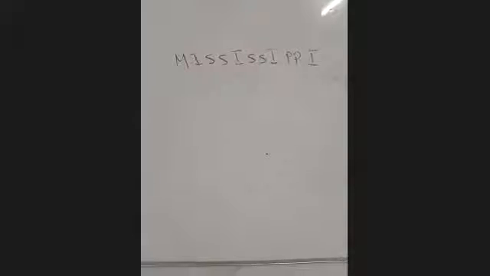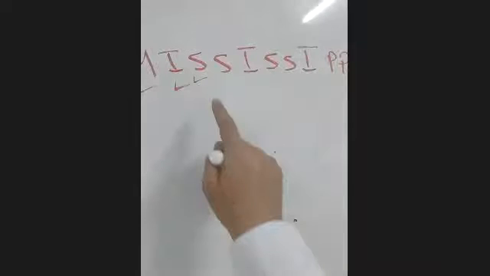So these letters are on cards inside the bag. We want to select one card first. What should the sample space be? M, I, S, P. We don't repeat.